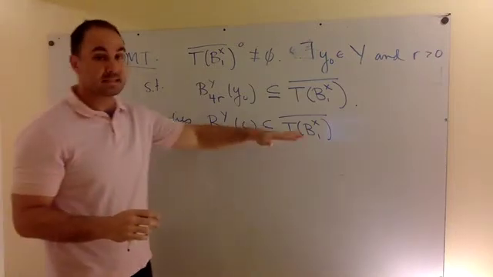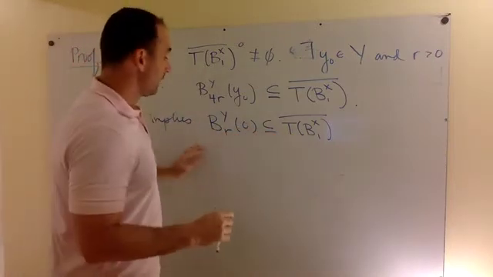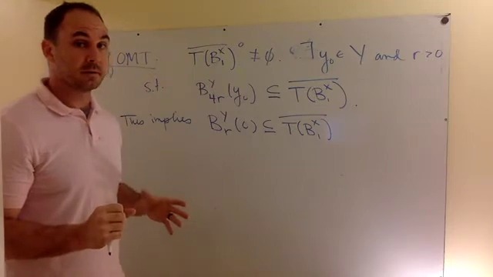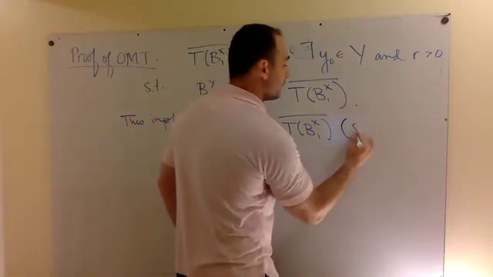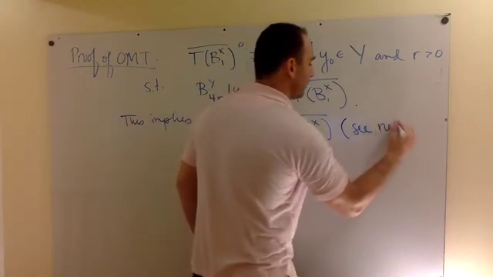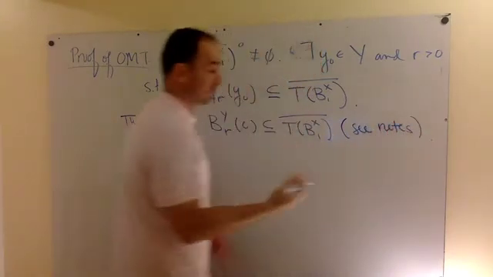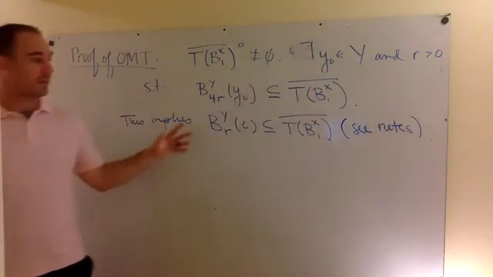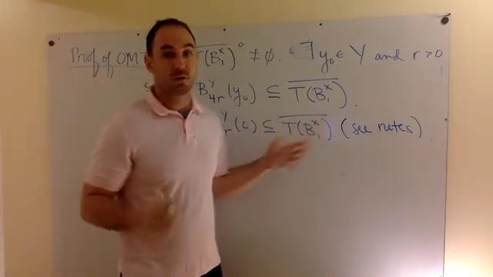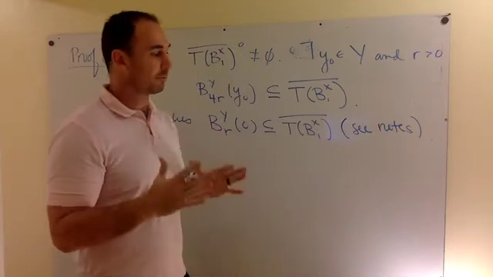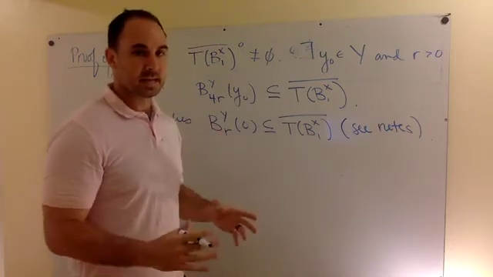Now, this is almost the conclusion that we want. Like I said, see the notes for these calculations. They're not trivial, but I don't want to do them here. This is almost what we want. In fact, if we could just erase that closure, we would be done. However, erasing the closure takes some time.